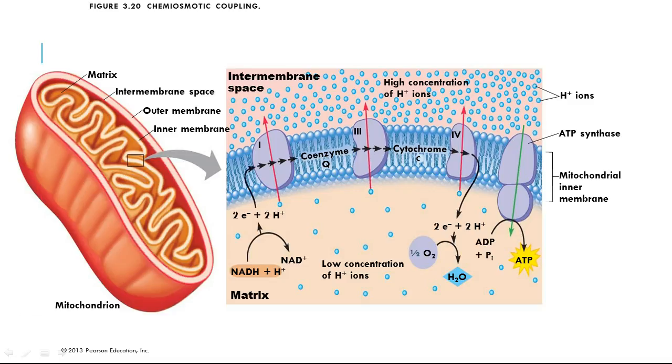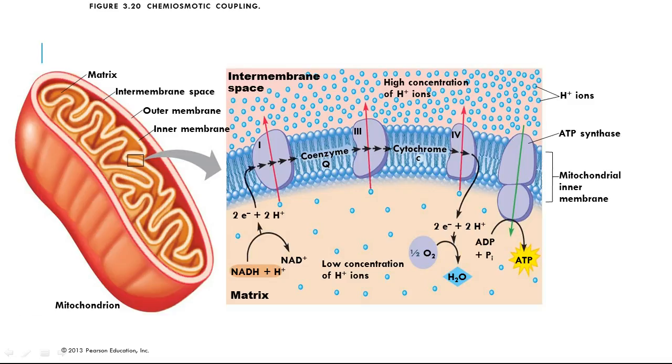So transferring from the intermembrane space into the matrix? Well, actually both are going on. But first, what happens is we have to create a gradient. So we need to concentrate the hydrogen ions in the intermembrane space. If I want to move something from where there is less of it to an area where there is more of it, if you've been in lab, what type of transport is that?